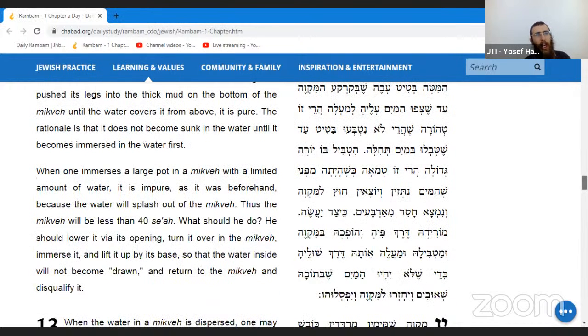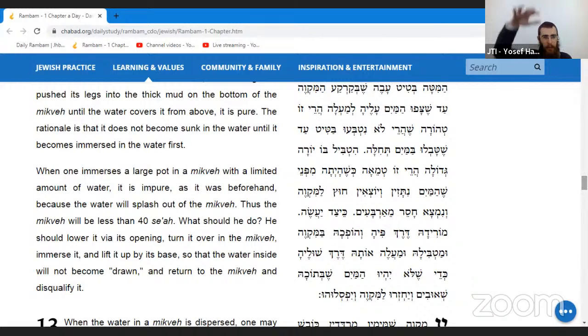When one immerses a large pot in a mikveh with a limited amount of water, so the mikveh had exactly 40 sa'ah, it is impure as it was beforehand because the water will splash out of the mikveh. Thus, the mikveh will be less than 40 sa'ah. So what should he do?